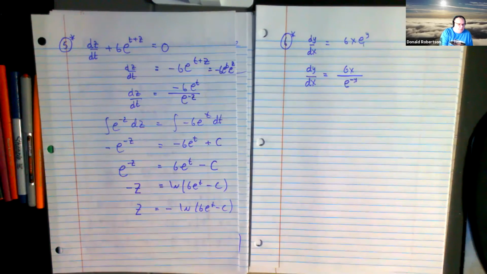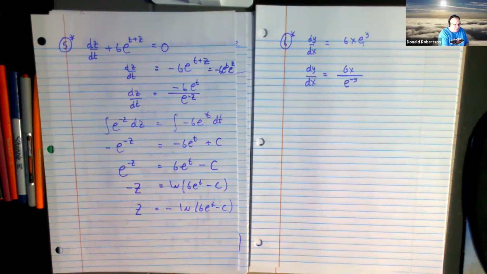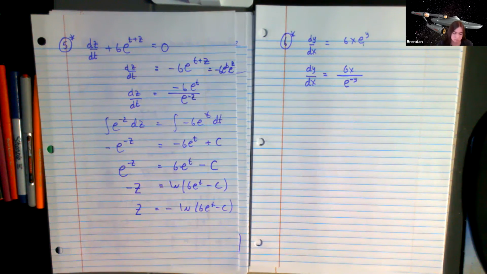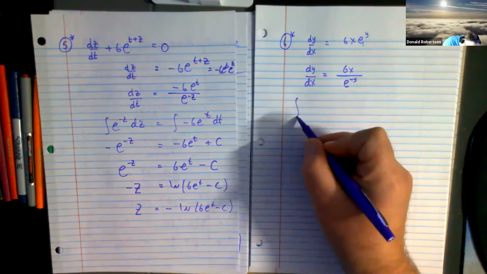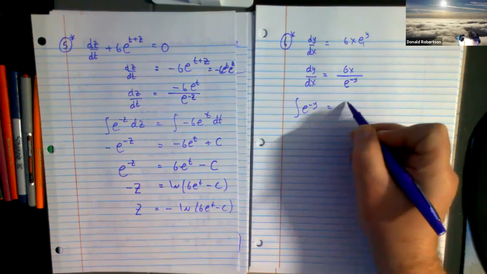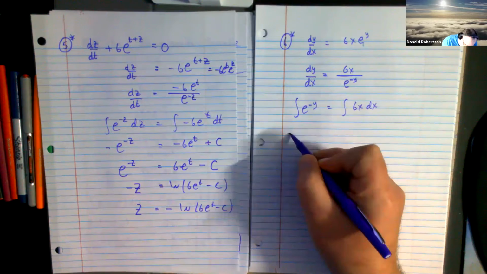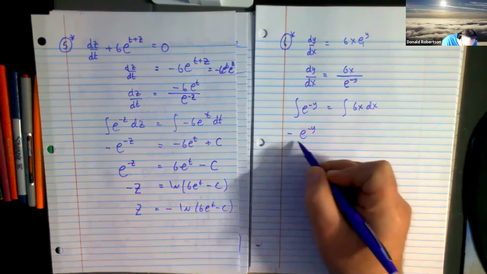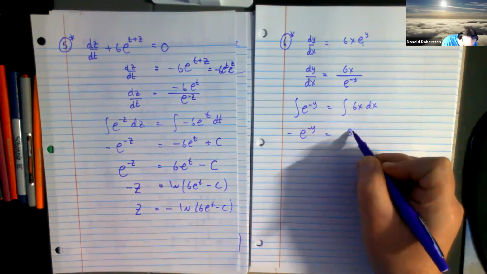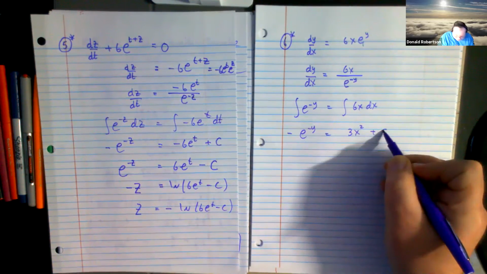Okay, well, we're cool about getting it in its right format, right? The variable separable format. Now I'll do the crossover. You integrate e to the -y, you get this. You do a power rule on this, you get that.